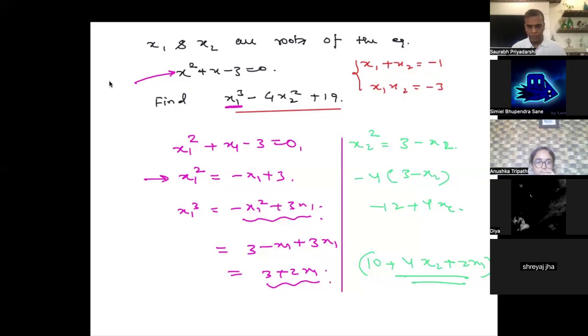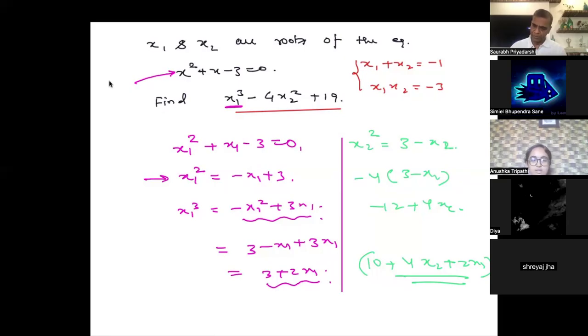After that, I got 3x1 minus x1 square. Okay. Just simplify all of that: minus x1 square plus 3x1 plus 4x2 plus 7. Okay. And then we know the value of x1 plus x2, so we get minus x1 square minus x1 plus 3. And since x1 is the root of the expression, the answer should be 0. Okay, not bad.